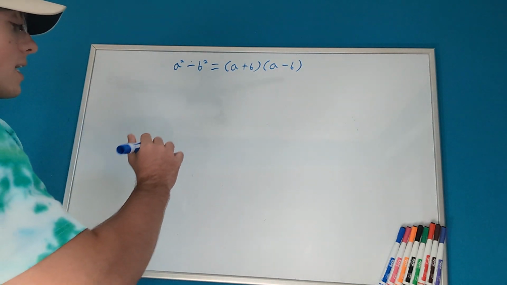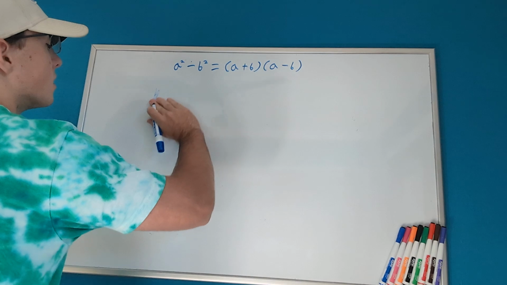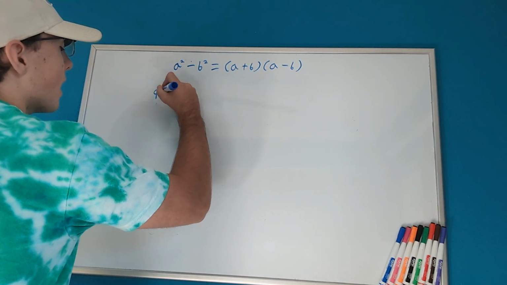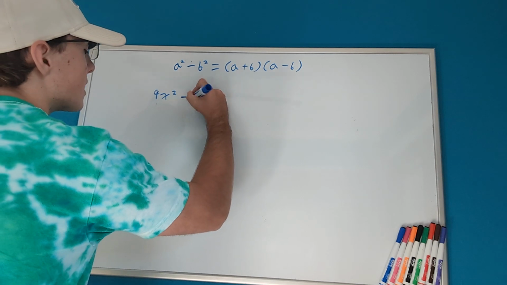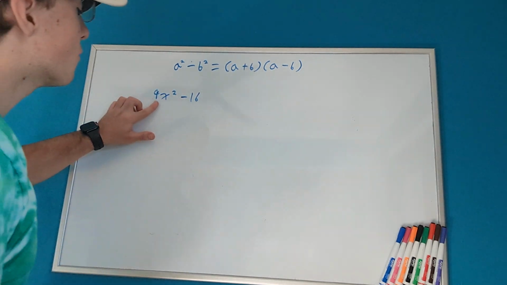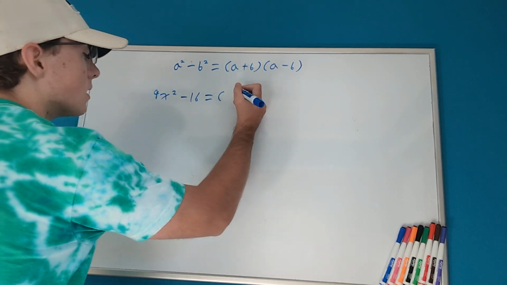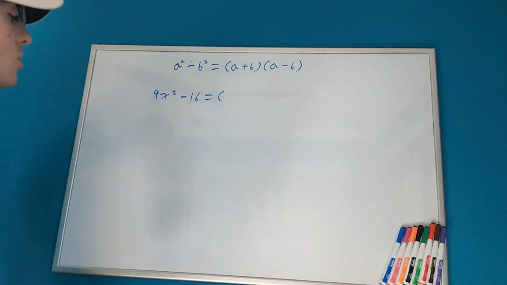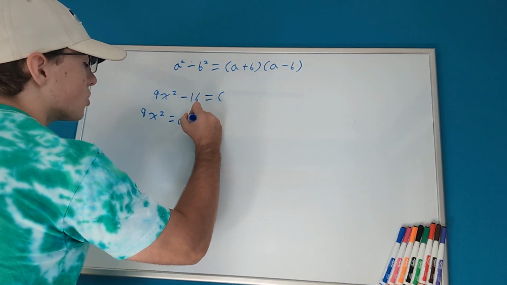So let's say that we had, actually, we'll do 9x squared minus 16. How can we factor this? Well, what we want to do is we can say this equals, and so this is our a squared. So 9x squared equals a squared.